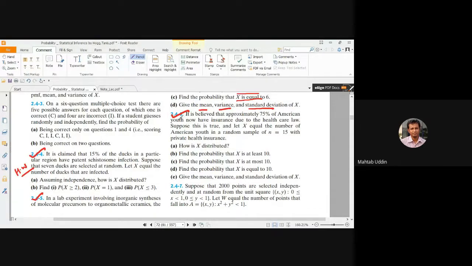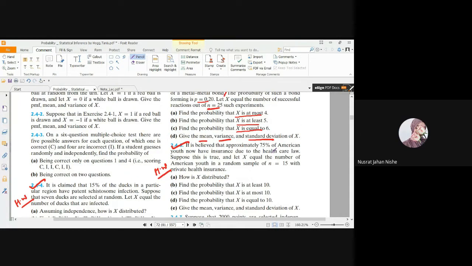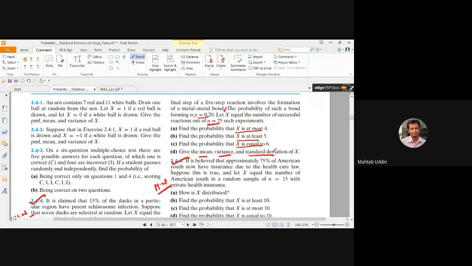Part 6 is also similar, so I'm keeping this as homework. No, I have done 5, sorry, and given 6 as homework.